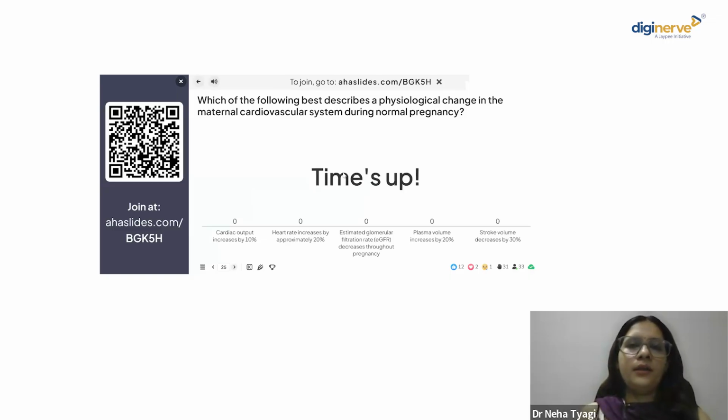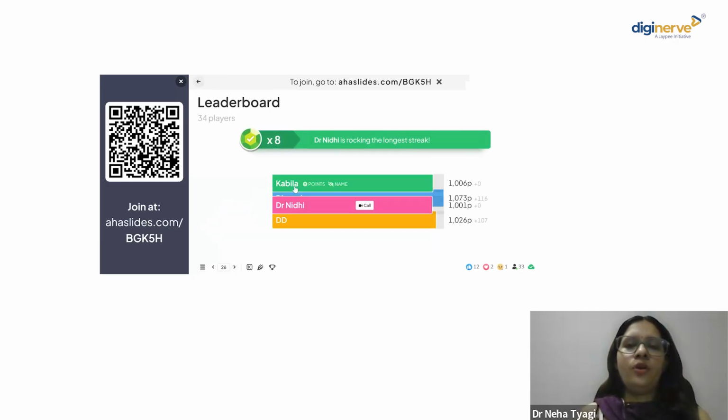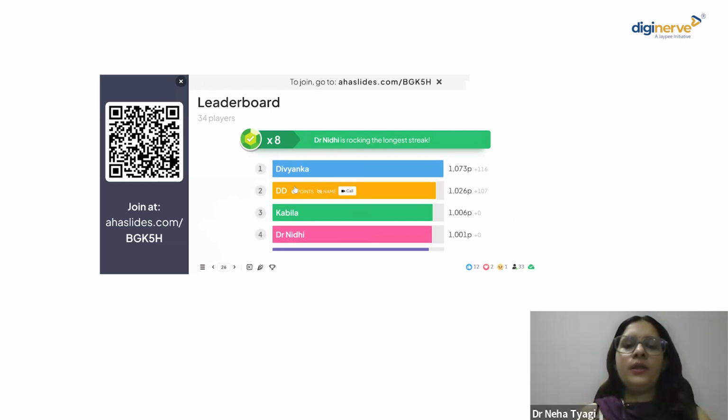So 14 have marked it correctly. Its heart rate increases by approximately 20%. Let's see the leaderboard. Dr. Nidhi is still rocking the longest streak, but now Dr. Divyanka is leading the leaderboard. Let's move to next question.